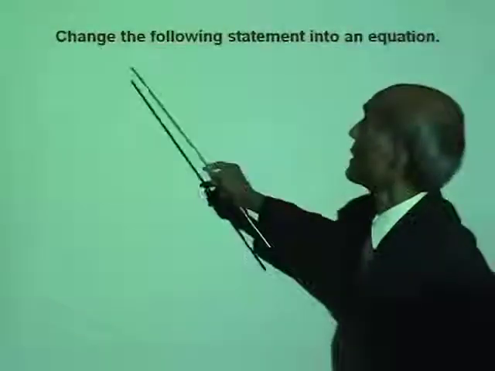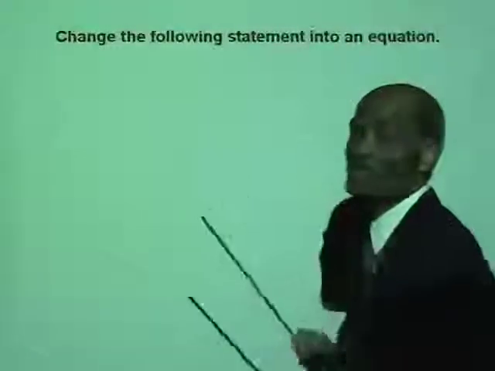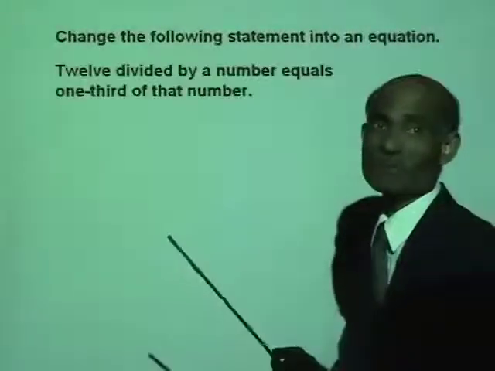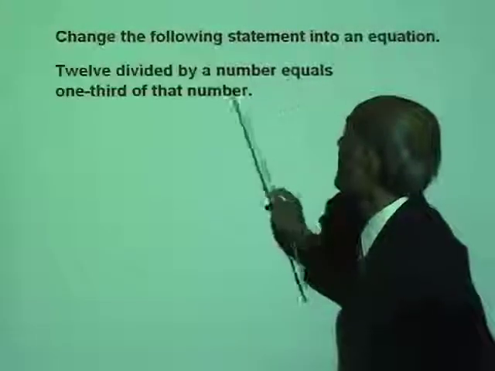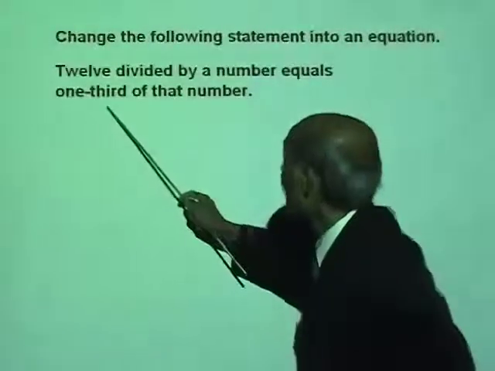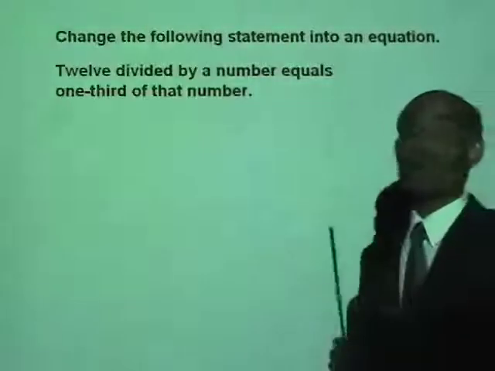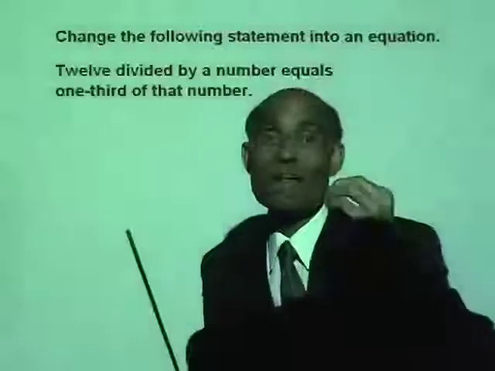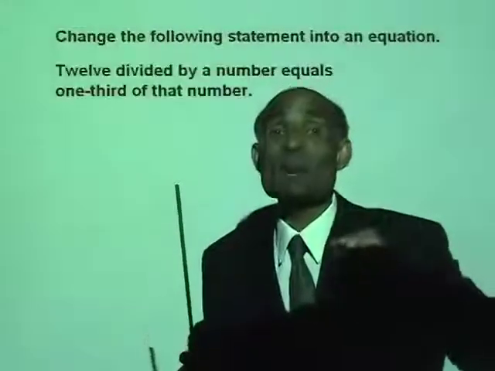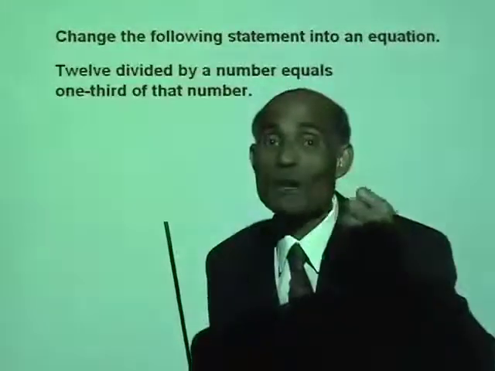Okay, another one. Change the following statement into an equation. 12 divided by a number equals 1/3 of that number. I'm sure you can do this now. 12 divided by a number. A number is going to be our x.